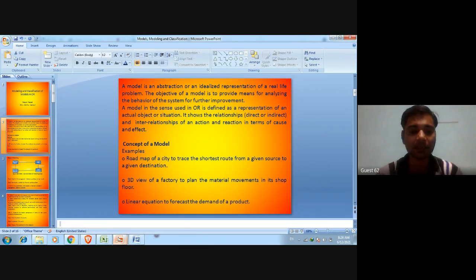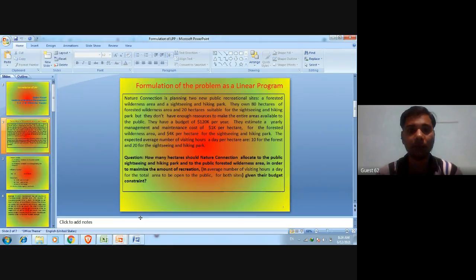Let us see an example of how we formulate the model. Here there is a real life problem given in your organization. And what is the organization? Nature Connection is planning 2 new public recreational sites: a forested wilderness area and a sightseeing and hiking park. Nature Connection is an organization which is planning to create 2 sites.